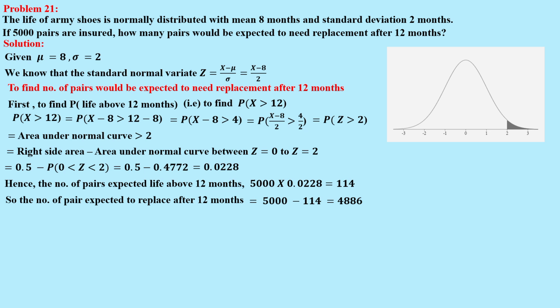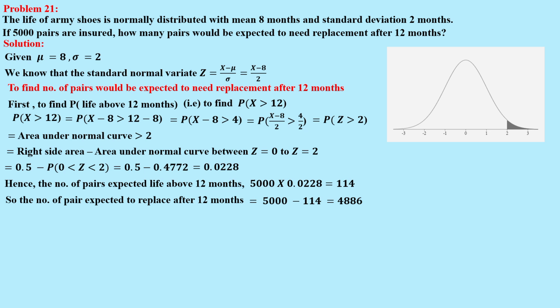Because above 12 months means the remaining ones, right? Above 12 months you have 114.